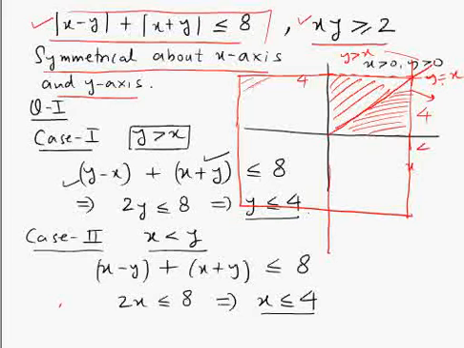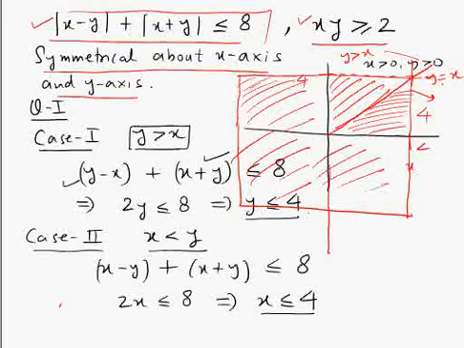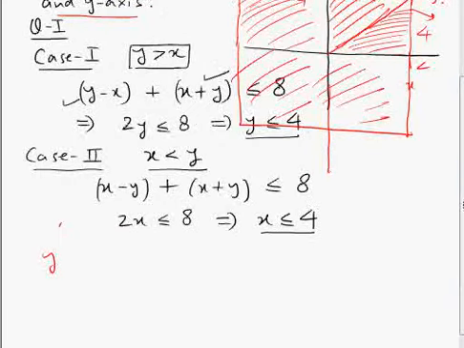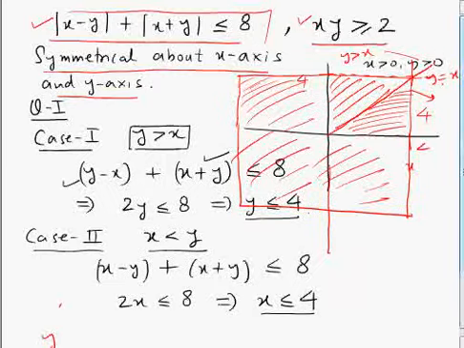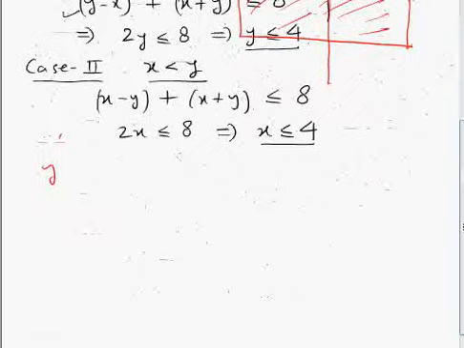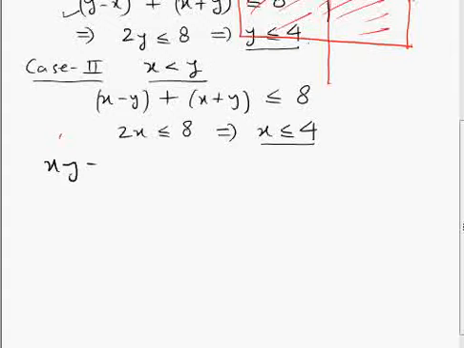Right, now we have to find the area bounded by this and this. Now let's take this case, xy greater than or equal to 2. xy greater than or equal to 2 means y greater than or equal to 2 by x.